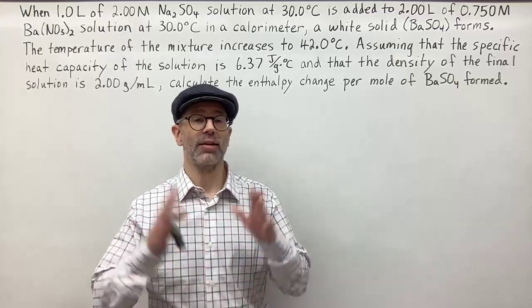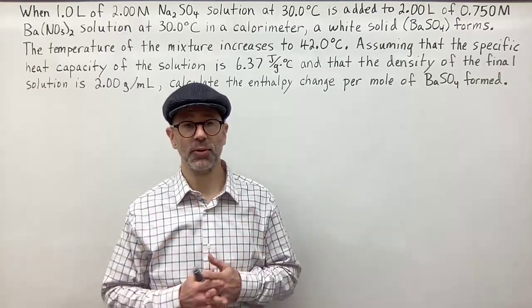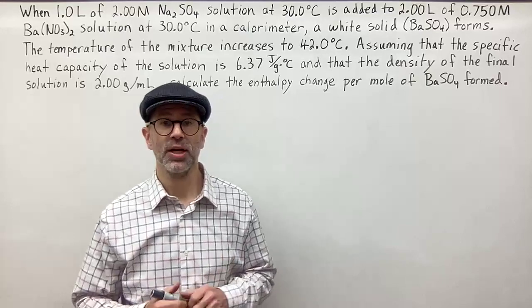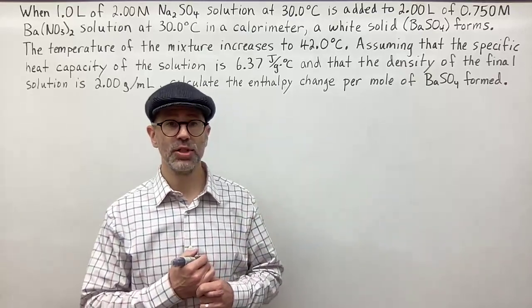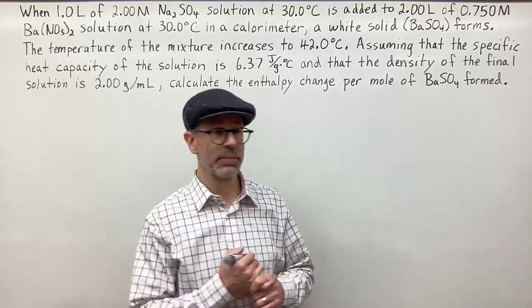Okay, so a lot going on here. So the first thing we want to do is write down the balanced equation. So we've got sodium sulfate reacting with barium nitrate.